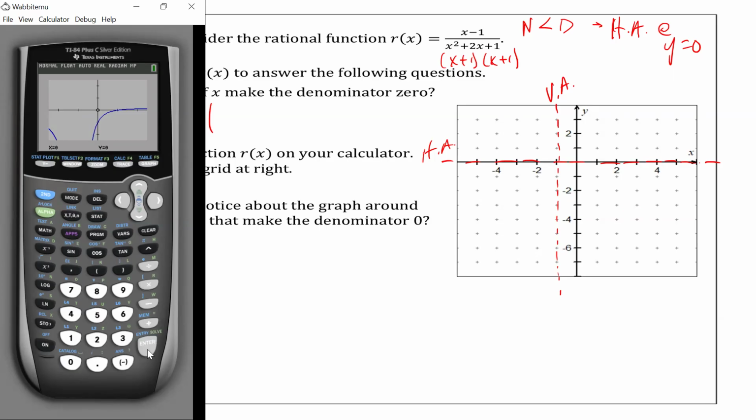Okay. This is what I told you. I just want to make sure we're all on the same page. That horizontal asymptote, remember I said we'll never say never for crossing a horizontal asymptote because there are situations where it will.